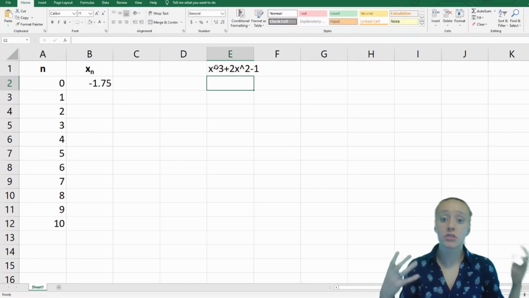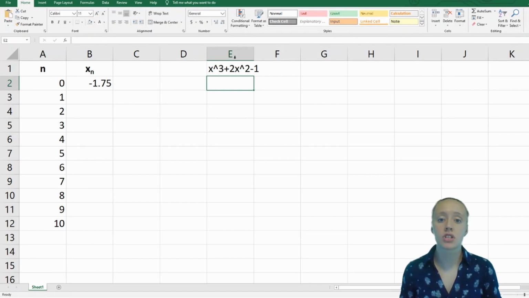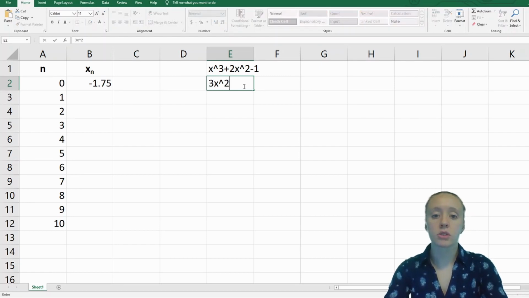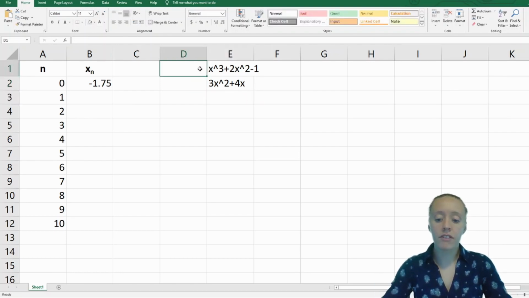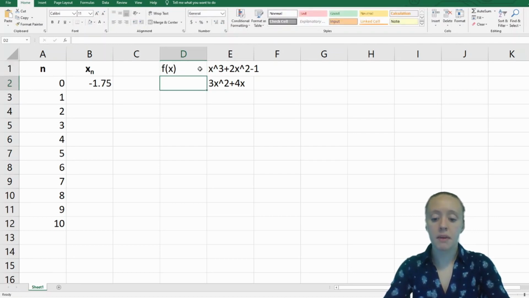I'm just going to write this so you guys can see it visually on this sheet. Now the derivative of x cubed is 3x squared, and the derivative of 2x squared is going to be 4x, and then the derivative of 1 goes to 0. So there's my f of x, and here's my f prime of x.